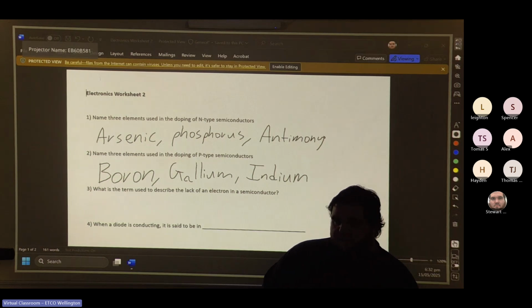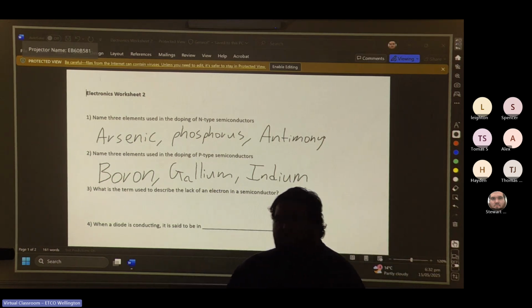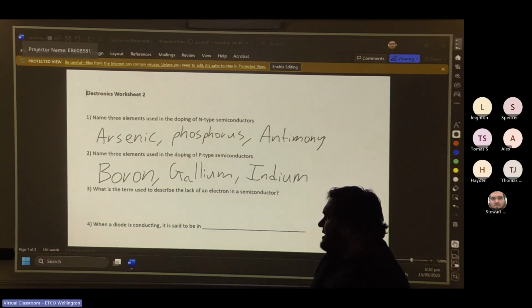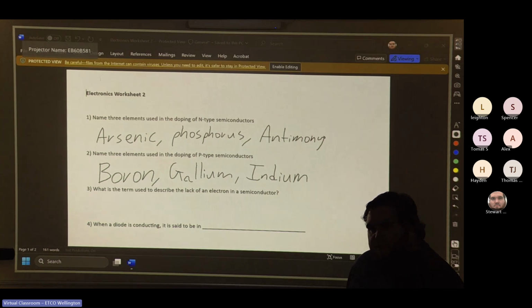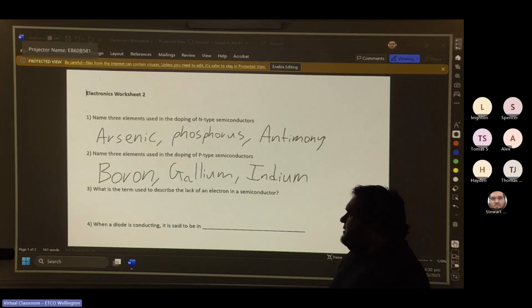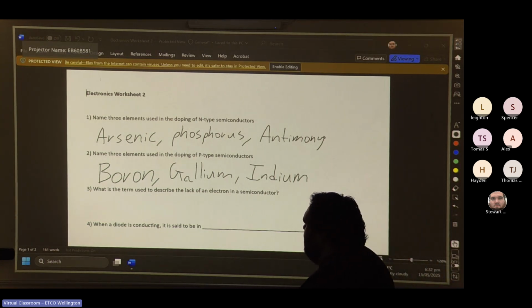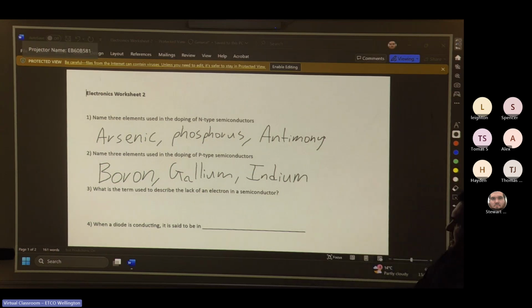So I would be a little bit leaning away from saying aluminium just because it is a fairly conductive metal. Yeah, cool.